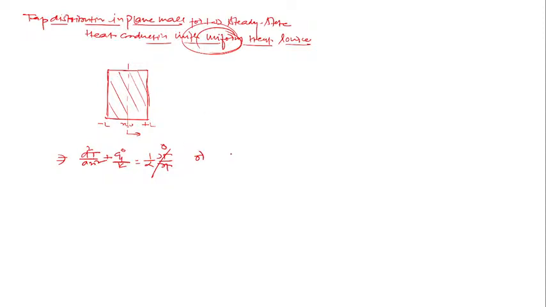Otherwise again you can assume a differential element and follow the same process, with q dot x and q dot x plus dx if you want. But as you know, we already have an equation for constant area and constant thermal conductivity. Then you should write this. Clear?